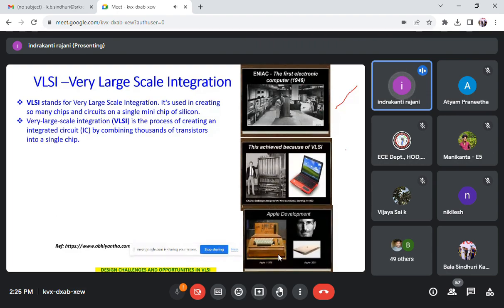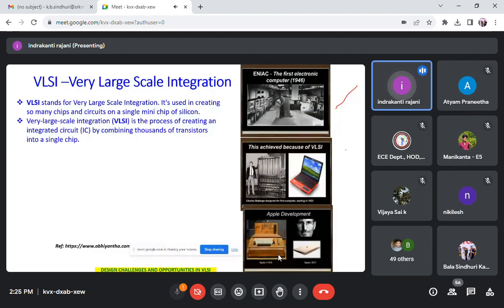But after that, as the days progressed, people started working on chip designs, on the motherboard, and on the components used in the motherboard or the integrated circuit.